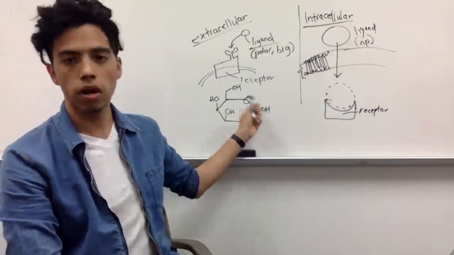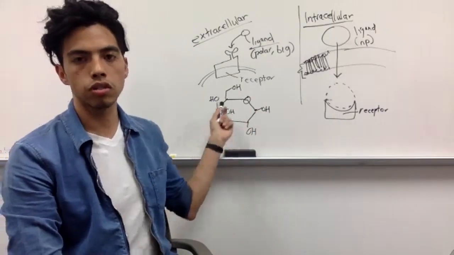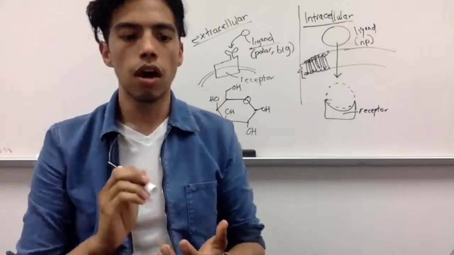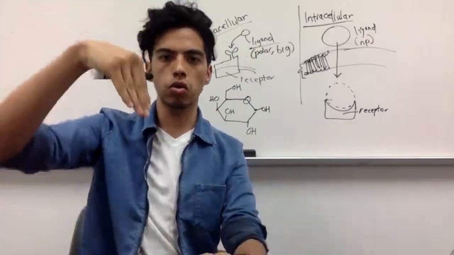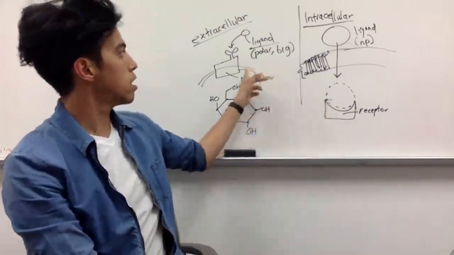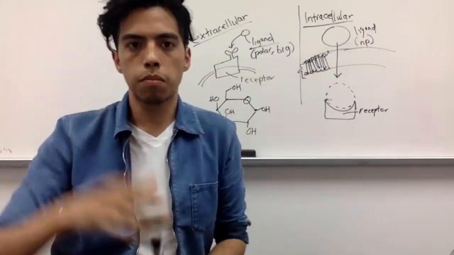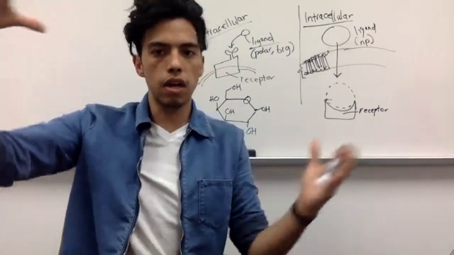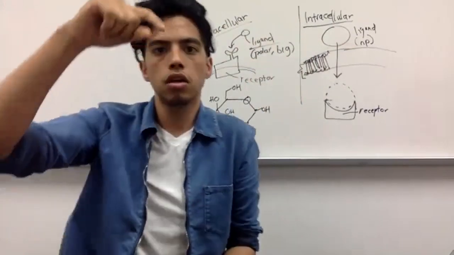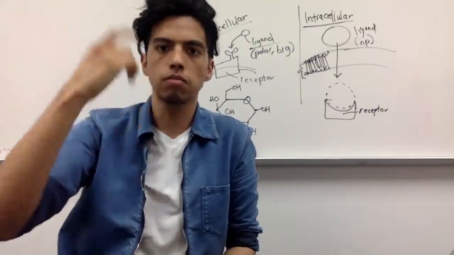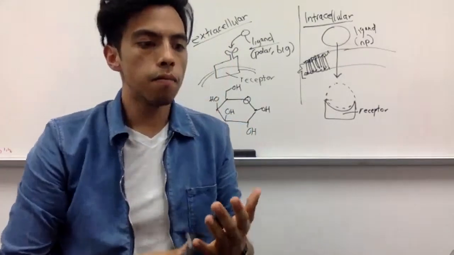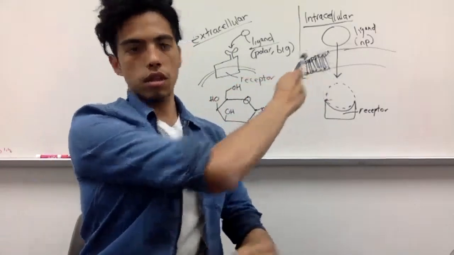They have a lot of these polar hydroxyl groups all over the sugars. I think that's glucose. So they're big and they're polar, and so they require a lot of energy to go through the membrane. And so instead of wasting energy to push through these giant polar molecules, usually you just have the receptor on the outside of the cell, right? Therefore, extracellular.